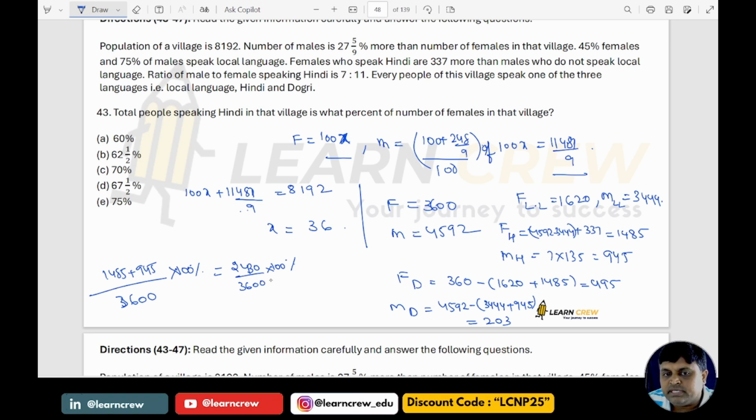If you see here, the zeros cancel, and 9 times 27 is 243, 9 times 40 is 360. Simplifying, it is 67.5%. So the answer is 67.5.